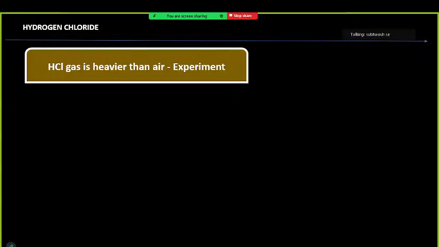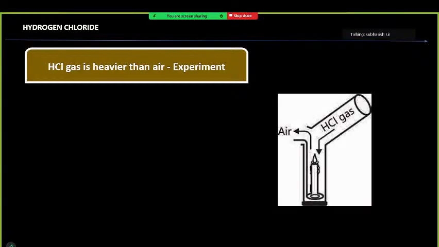This is the experiment by which you can prove that HCl gas is heavier than air. Take this type of system where the upper cylinder contains HCl gas and the lower part contains a burning candle. The candle burns due to the presence of oxygen in the lower cylinder.